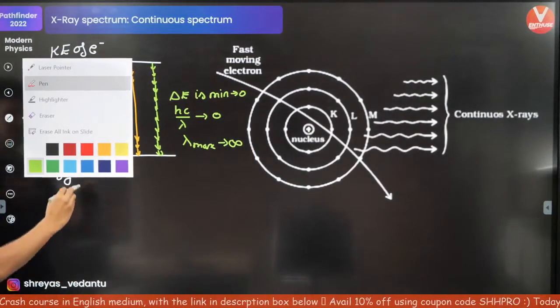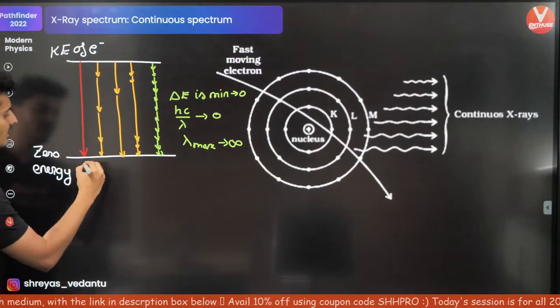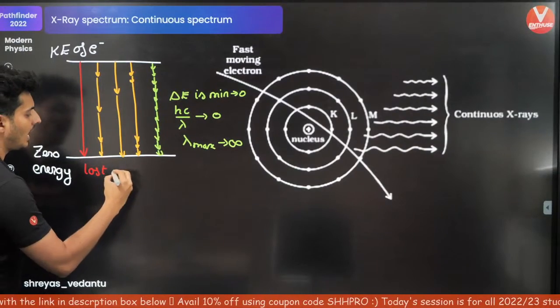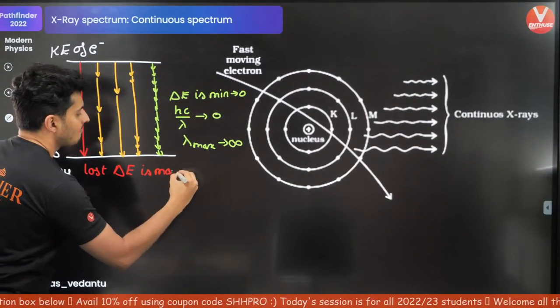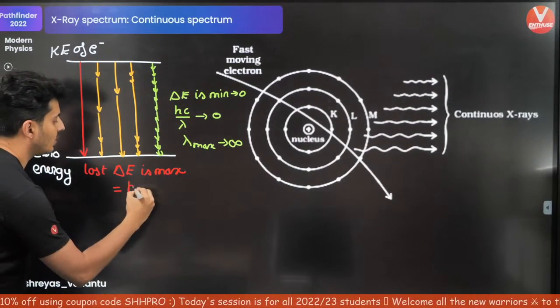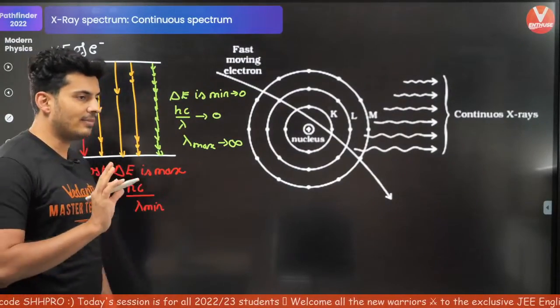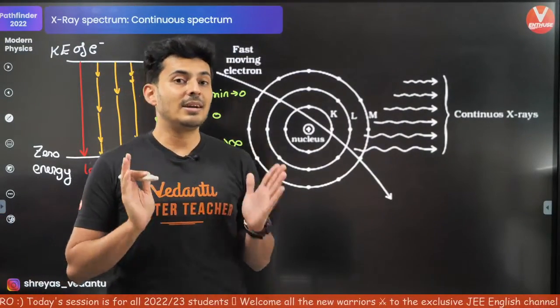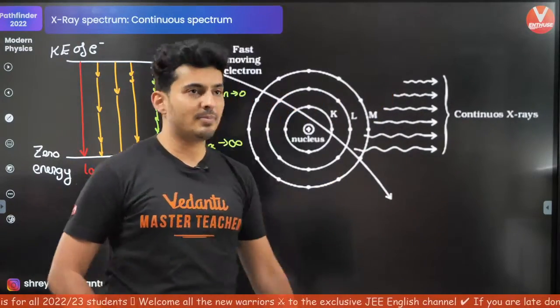The other thing that can happen is it loses it all at once. The lost energy delta E is max, and therefore this is equal to hc by lambda minimum. Very, very important. This is the least wavelength.